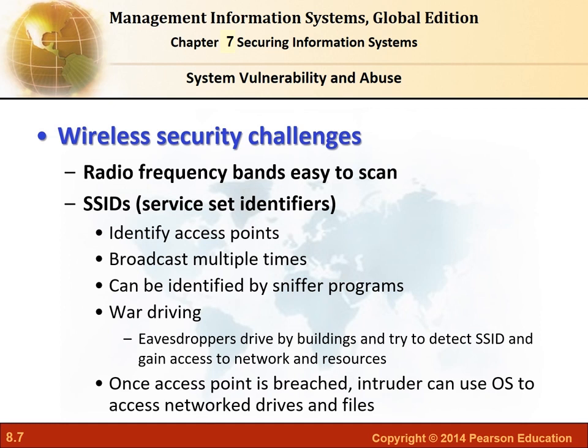Hackers use these tools to detect unprotected networks, monitor network traffic, and in some cases, gain access to the Internet or to corporate networks. Note that there are stronger encryption and authentication systems available for wireless networks, but users must install them. Many Wi-Fi routers ship today with pre-installed security protection.